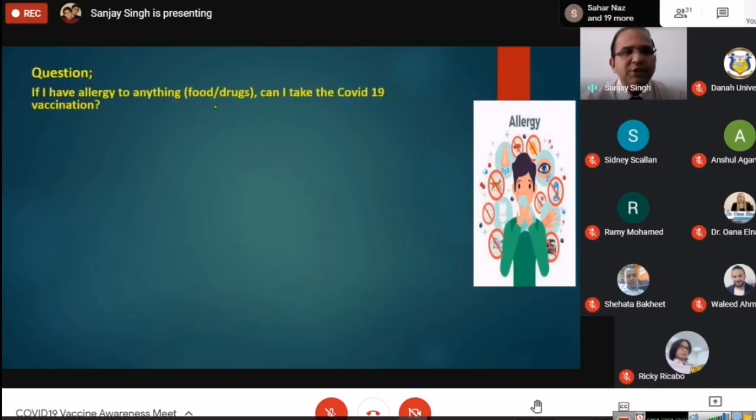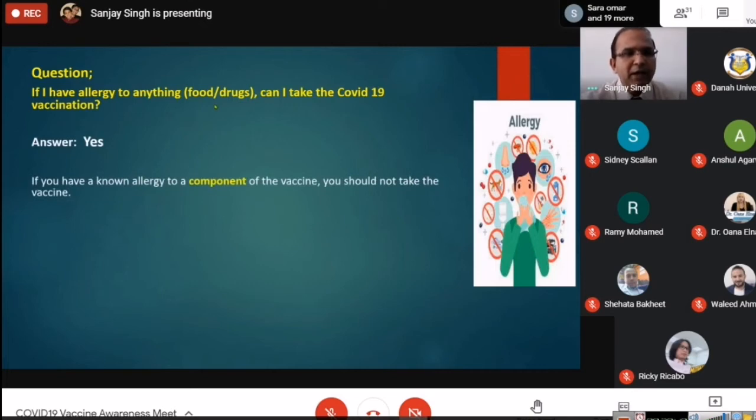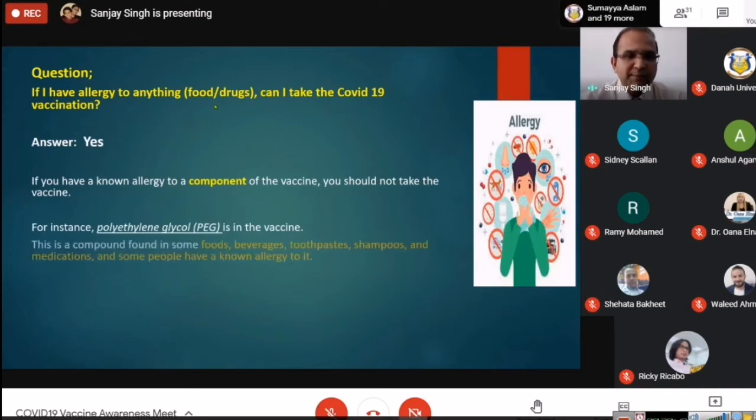If I have an allergy to anything, food or drugs, can I take the COVID-19 vaccination? The answer is yes. If you have a known allergy to a component of the vaccine, you should not take the vaccine. For instance, polyethylene glycol is part of the vaccine. This compound is found in some food, beverages, toothpaste, shampoos, and medication, and some people have allergies to it.